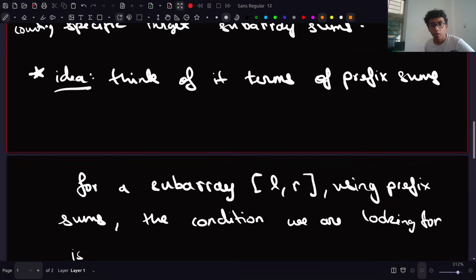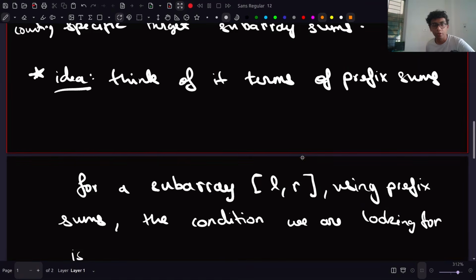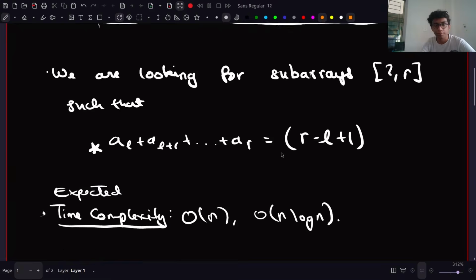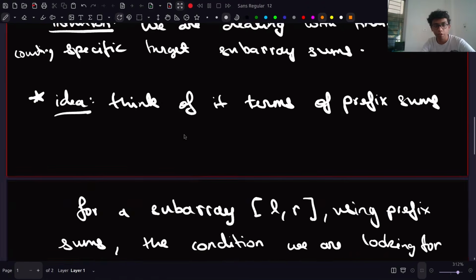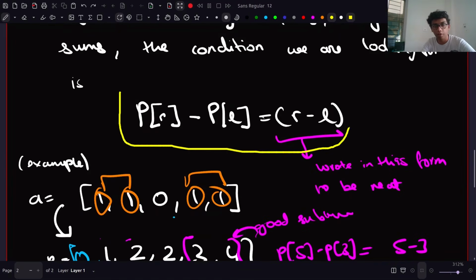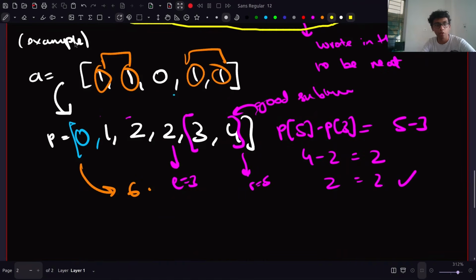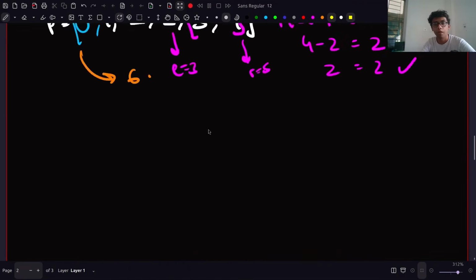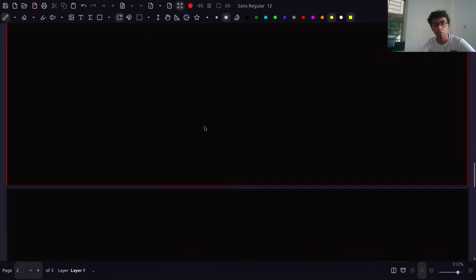Okay. So this is what we have understood so far. We have converted the question into a simple prefix sum condition, and we have understood how an example works. Our next task is to lower the time complexity.